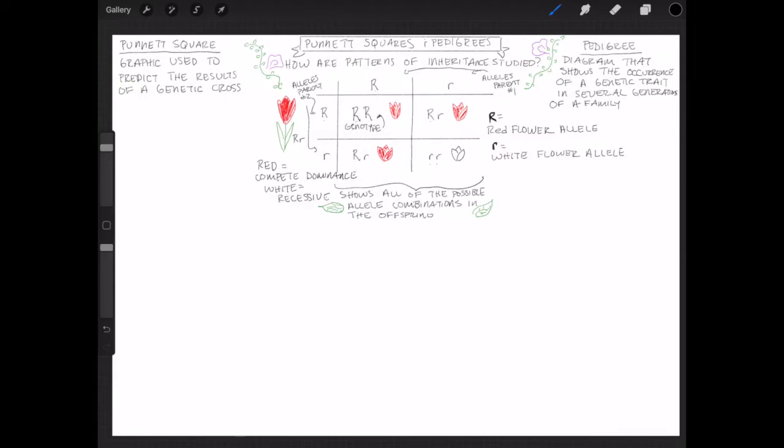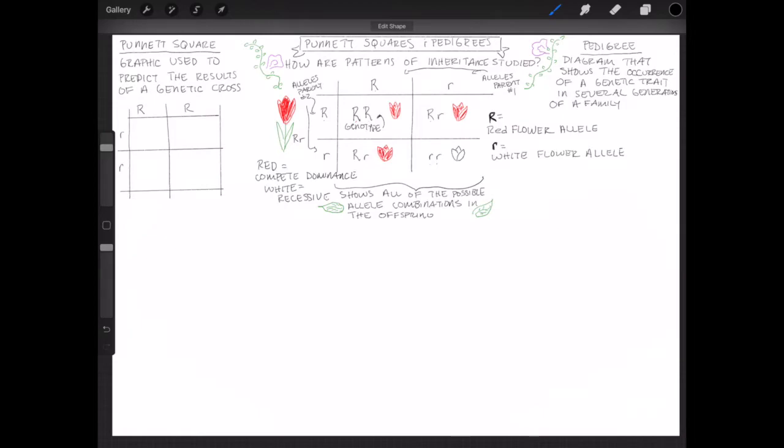All right, so your work to do is you're going to imagine that I've got a red tulip with 2 dominant alleles, 1 parent. The parent has 2 dominant alleles for red, and crosses with a tulip with 2 recessive alleles for white. And in this Punnett square, I want you to write in the genotype and the phenotype.